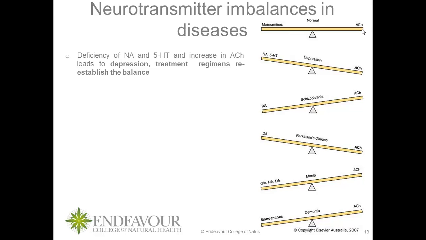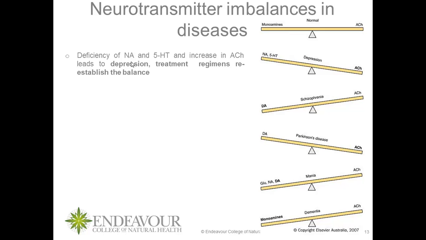Certain disease states, such as depression, might lead to an imbalance, where we saw it might be a deficiency of noradrenaline or 5-hydroxytryptamine, or there might be an increase in acetylcholine leading to that depression.